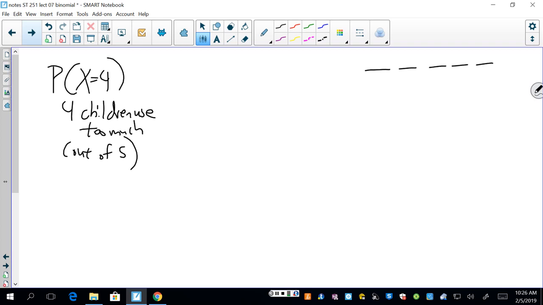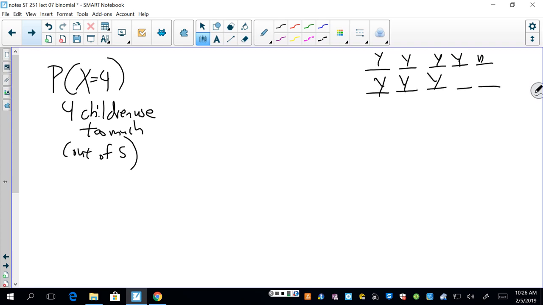And if 4 of the children use too much, we'll say maybe yes, put a Y here for yes. You could have the first 4 children use too much, right? And the 5th one's okay. They're using just a little tiny bit, right? Or not, they're not using too much. That'd be one way that could happen.